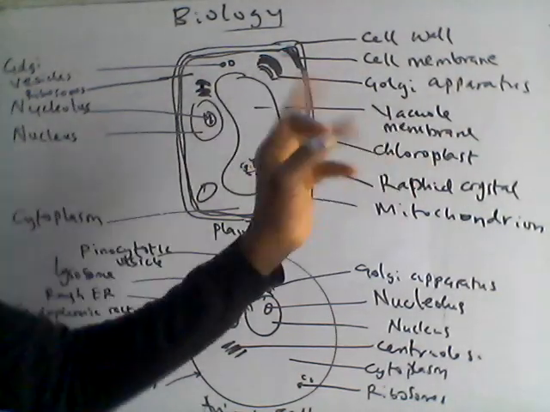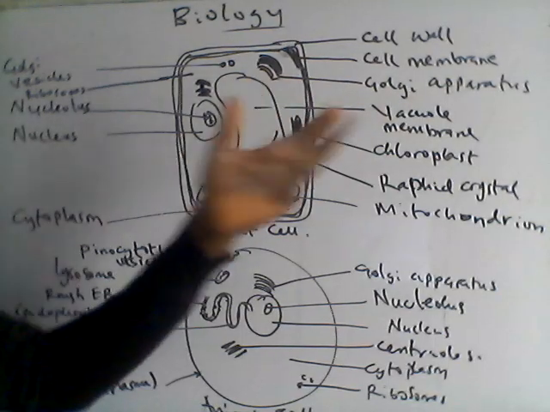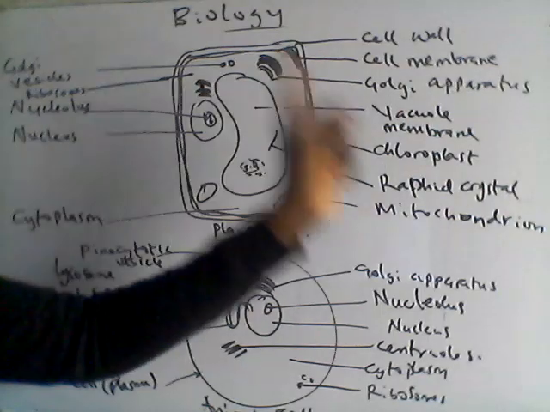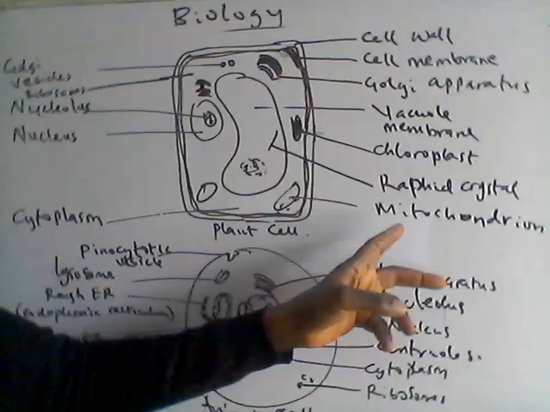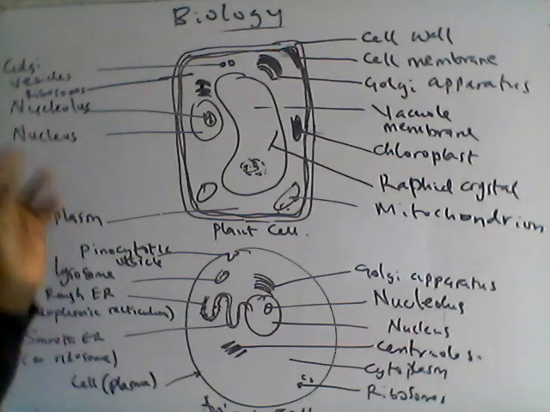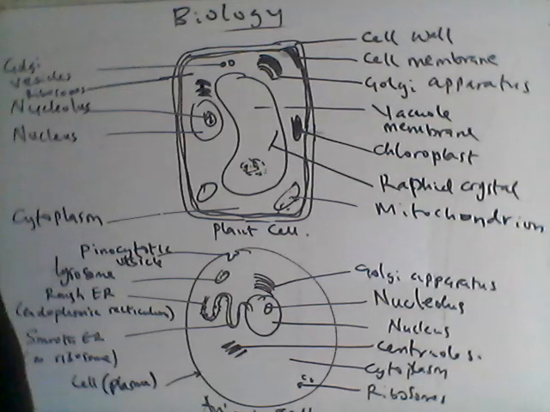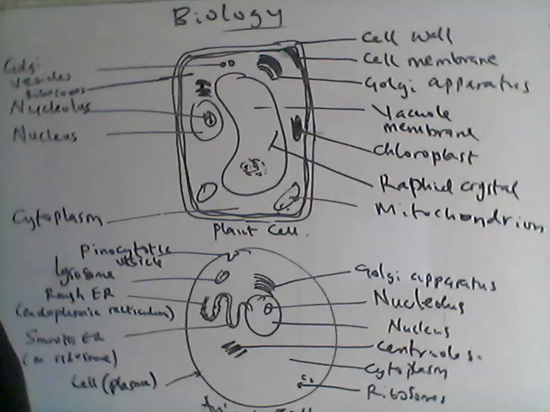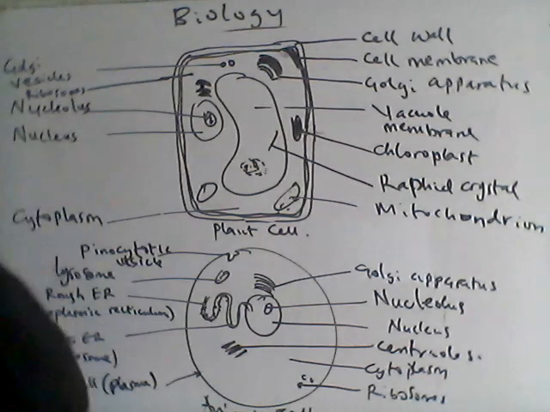You have the cell wall, the cell membrane. We'll define all these organelles, Golgi apparatus. You have the vacuole, you have the chloroplast, you have the mitochondria, you have the nucleus, you have the ribosomes for plant cell, and the Golgi bodies. Okay, the cytoplasm, the chloroplast is for photosynthesis.